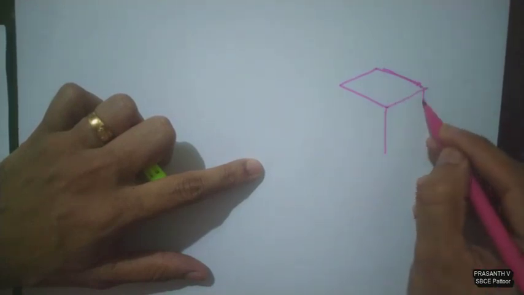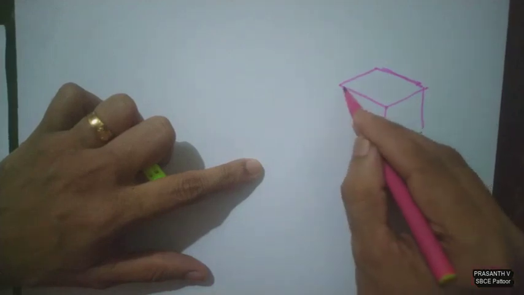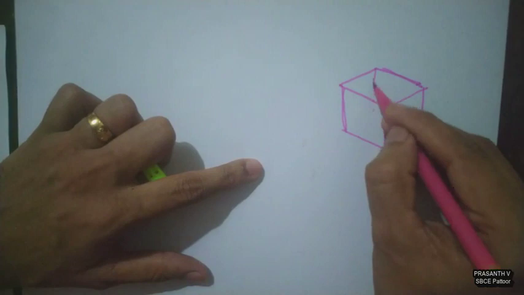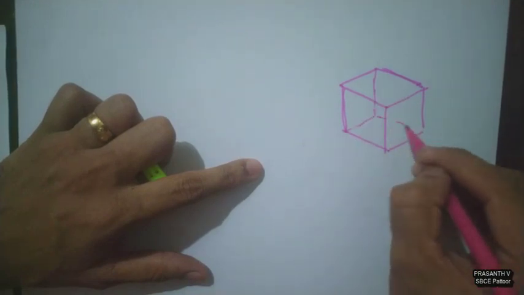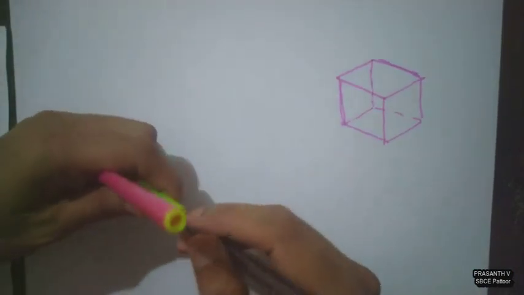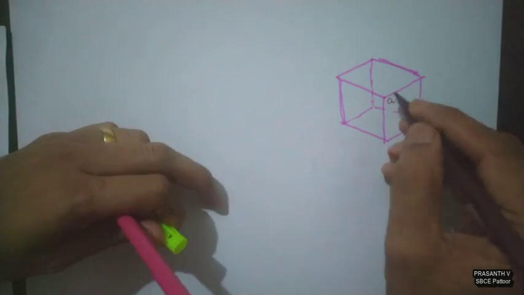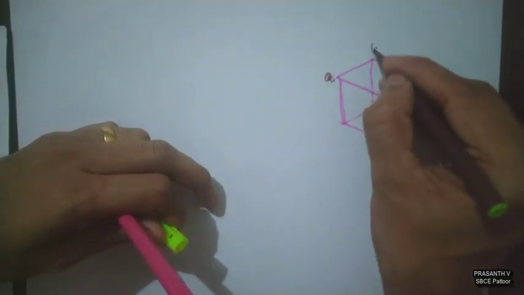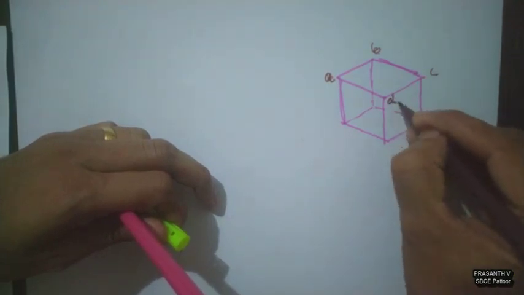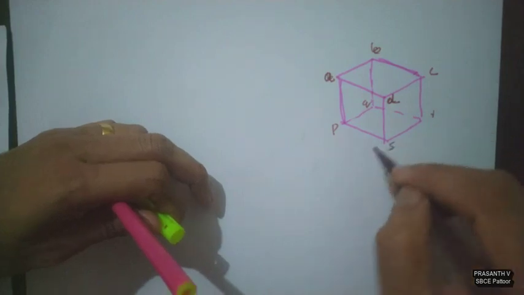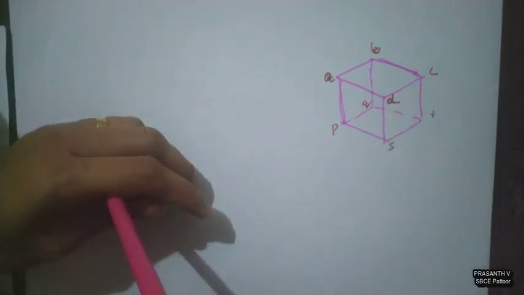Suppose this is a cube which is resting on HP, with faces equally inclined to VP. Give names A, B, C, D, then P, Q, R, S. Suppose this is the case.